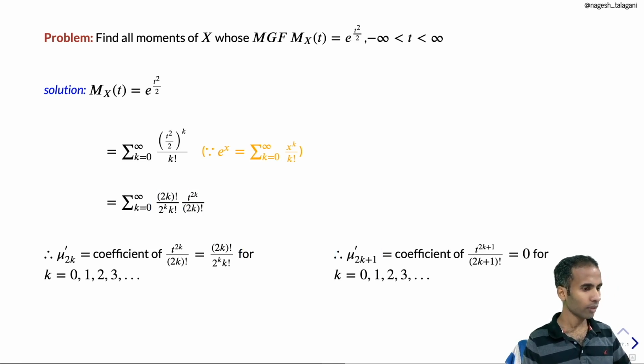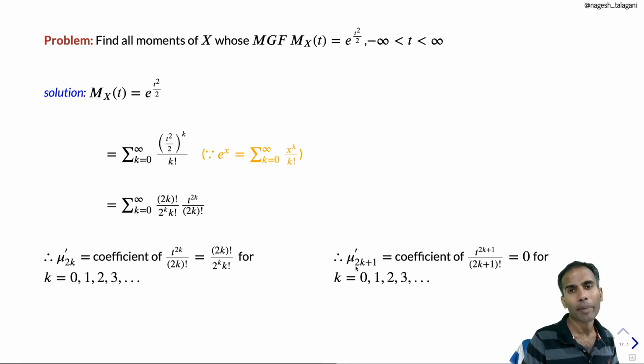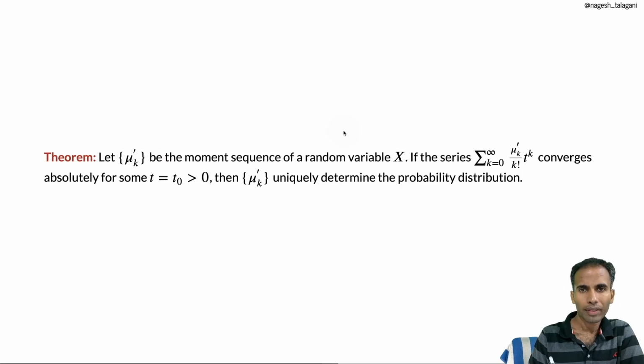Earlier I mentioned that these moments, when they exist, give a lot of information about the probability distribution. In fact, knowledge of all these non-central moments can determine the probability distribution uniquely. That is the next theorem statement. Let mu k dash be the moment sequence of the random variable x.